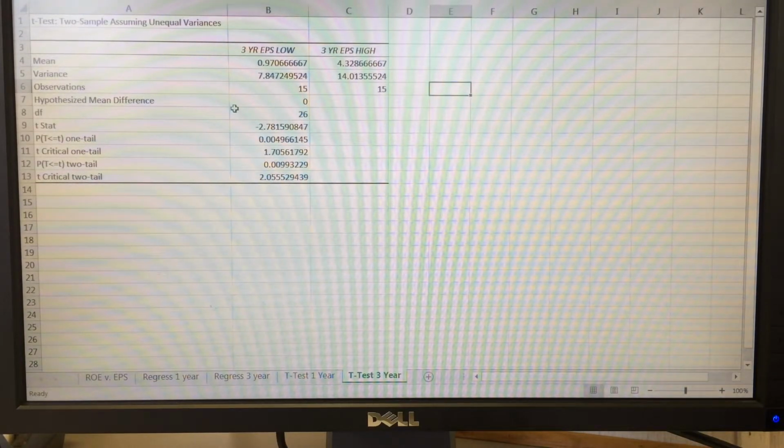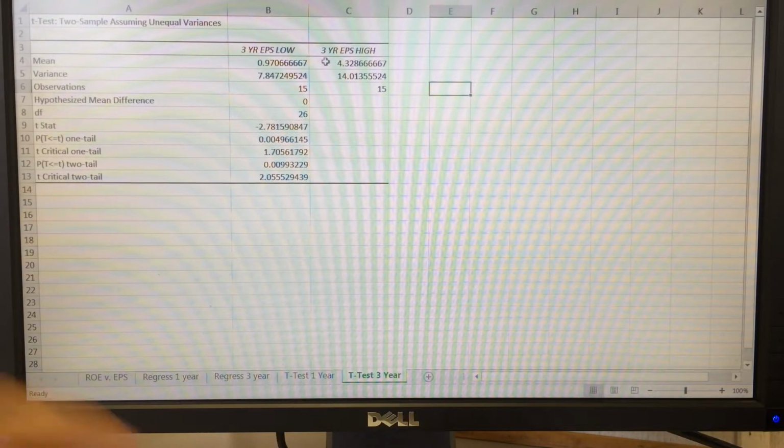So I took the 3-year low, the companies that had the lowest earnings, the lowest ROE, and then I took the companies with the highest ROE. And you'll see it's not as big of a swing, just like we saw in the regression. Over the 3-year, the companies with the lowest earnings per share earned a positive 97 cents per share, while the companies with the 3-year ROE of a high earned 4.32.